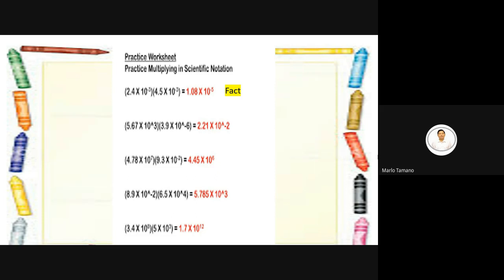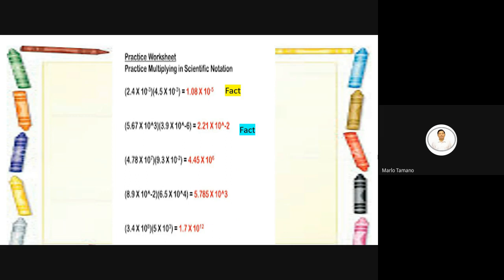So, ni-round off lang po yan, no? Nawala yung 1.3. Okay, so pinutol niya. Okay po? Pero considered as fact pa rin.